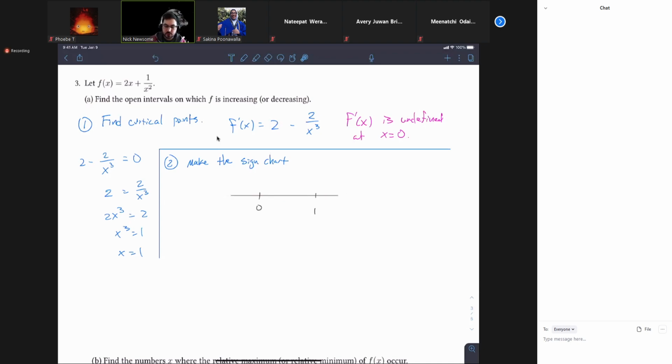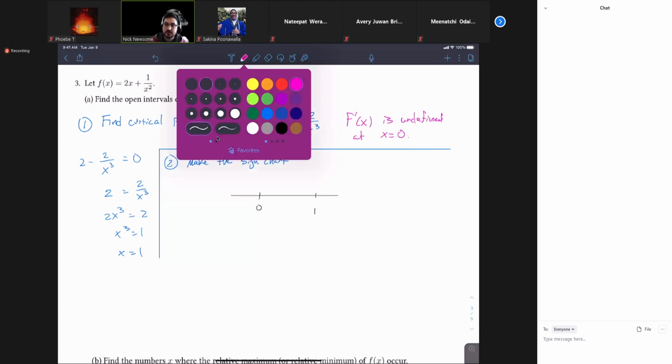Okay, now I need to determine where the derivative is positive or negative, because then that tells me if my function is increasing or decreasing. So to do that, we choose a test point inside these intervals.